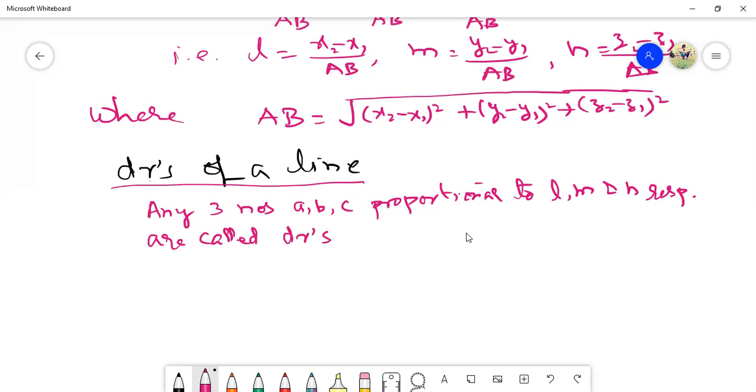So DRs are proportional to DCs, the DRs of the line which is going to be considered.